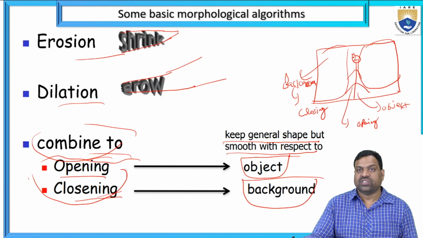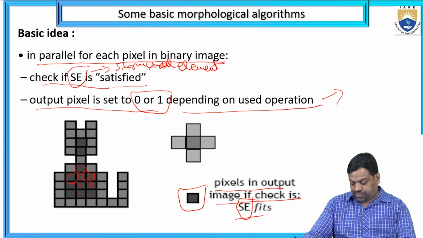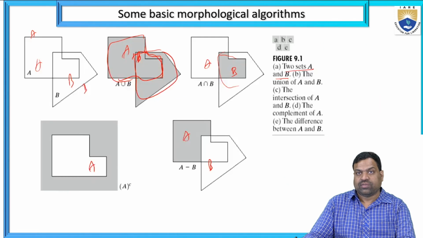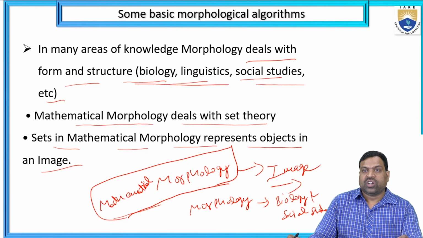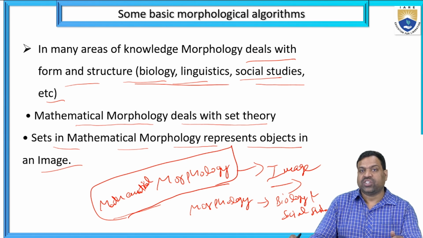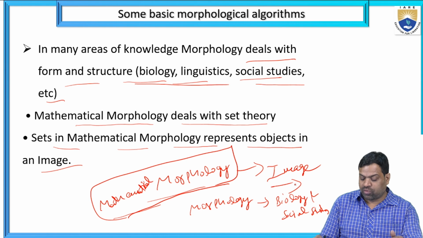These are the references. In morphology, biology or social studies have many kinds of knowledge of morphology, but mathematical morphology deals with set theory, sets, reference objects in the image. That is mathematical morphology.